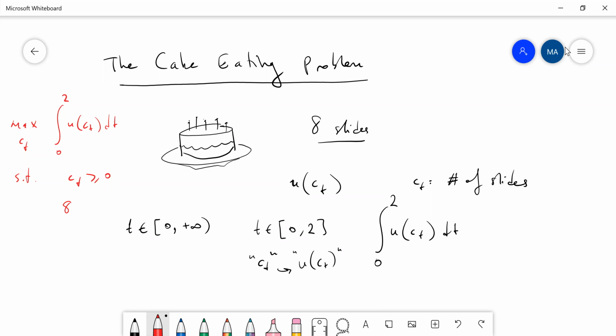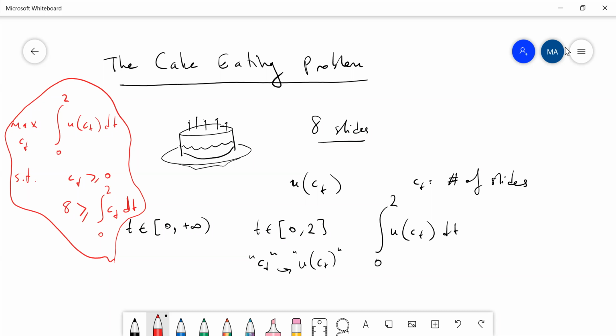So obviously, if you think about it, the total amount of slices should be larger than your total consumption, right? How do you express your total consumption? Well, your total consumption in this interval would be something like this, right? So you clearly now defined the problem.